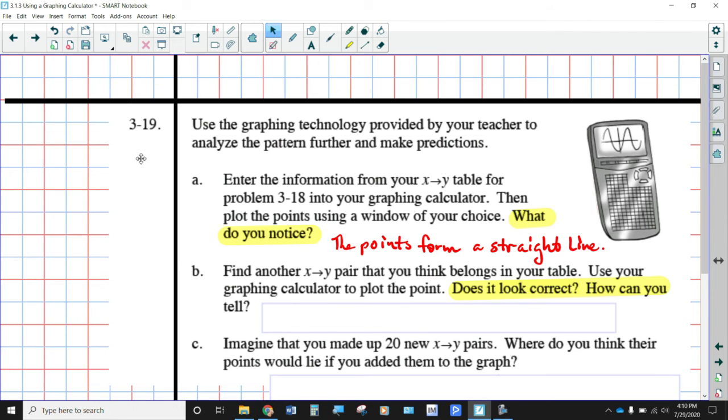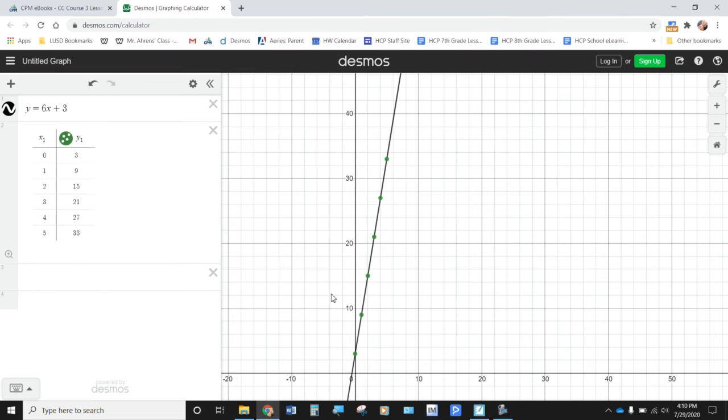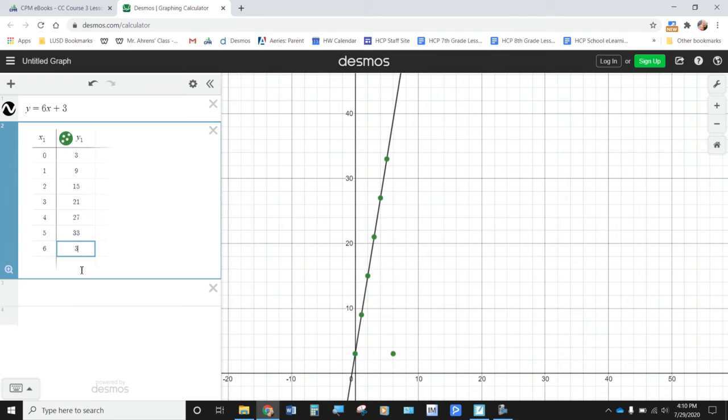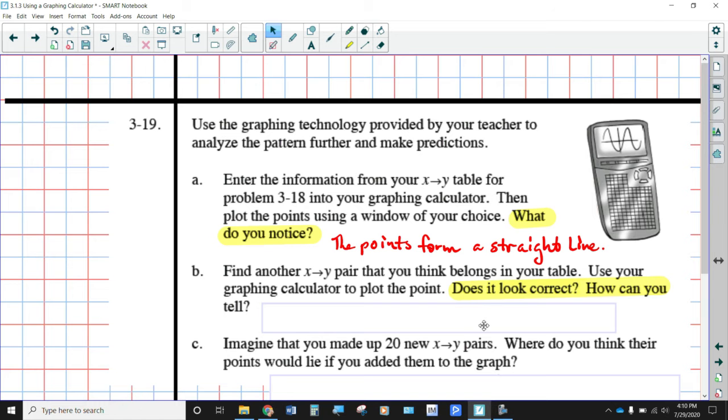How can you tell? All right, so let's go ahead and do that. What would be the next number in here? If we're increasing by 6, the 6th figure should have 6 more than the 5th figure, so that would be 39. So let's see if that shows up on our line, and it surely does. So we feel confident that it fell on the line, so it is correct.